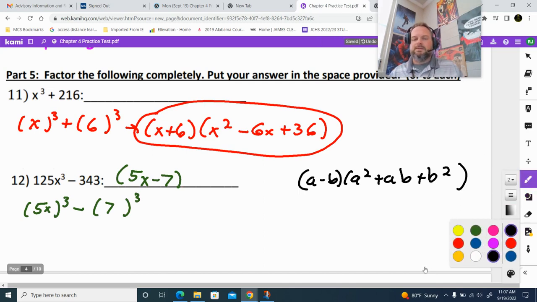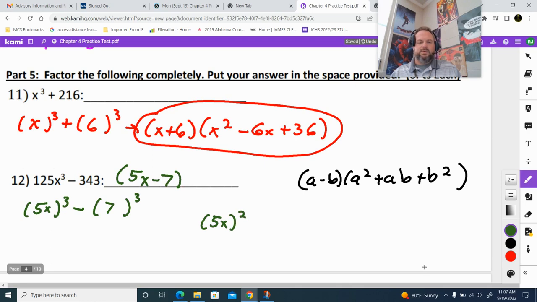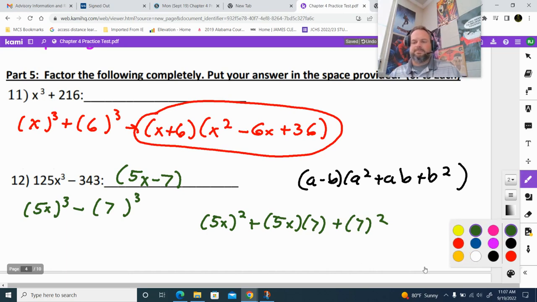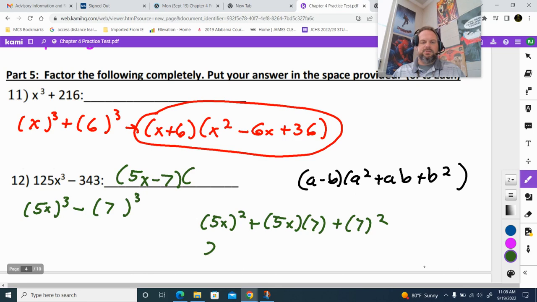All right. So as we're doing this, well, A squared, we're going to have this squared, plus 5x times 7, plus 7 squared. Okay. All right. So this gives us 25x squared. Okay.